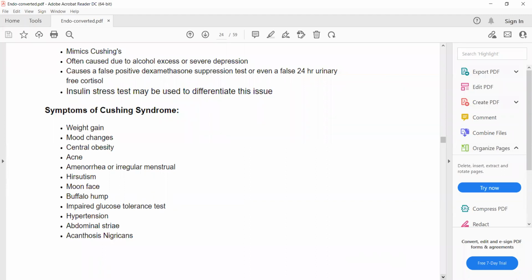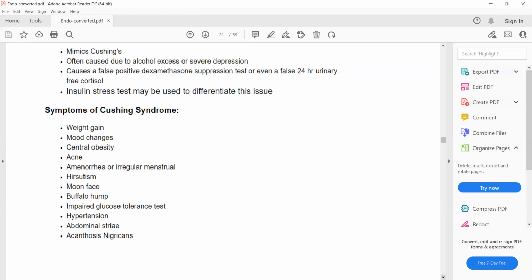So the person will develop hypertension due to increased sodium and water reabsorption, and also he will develop hypokalemia because of excretion of potassium. And what will happen due to excretion of hydrogen ion? Hydrogen ion is basically an acid. So excessive acid secretion will result in alkalosis. So there will be hypokalemic metabolic alkalosis in Cushing syndrome.